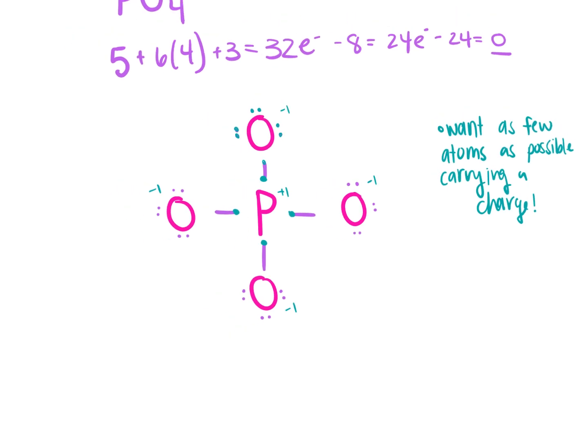We're going to choose one of the oxygens, this one right here, and move its lone pair from a lone pair into a bond. By doing that, that removes the charge right there and the charge right there.